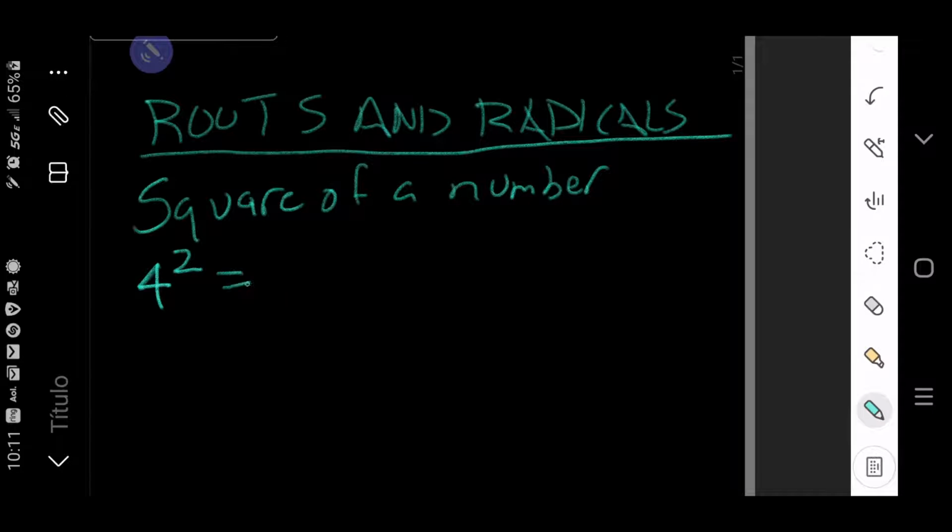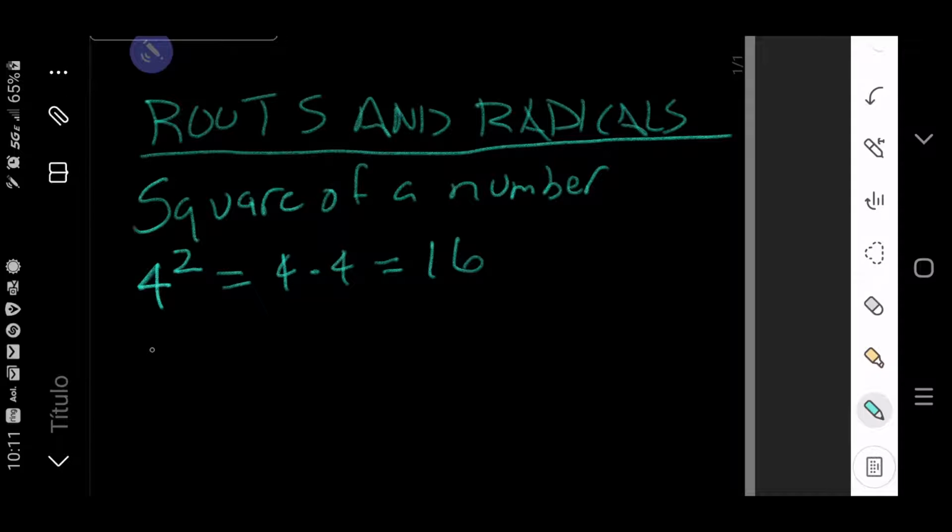To write that out, it would be 4 times 4. And 4 times 4 is 16. So 4 squared equals 16.